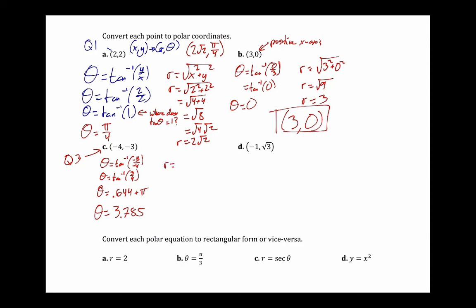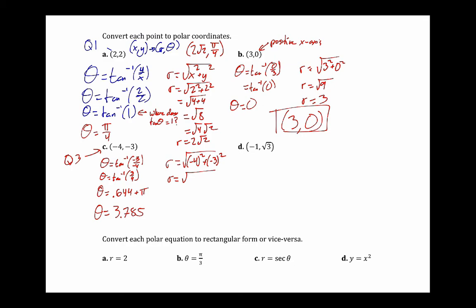Our r value, we got r equals the square root of 3 squared plus, I should do it in the same order that I've been teaching you guys. I'm sorry, let me rewrite that one. So we got r equals the square root of our x squared, negative 4 squared, plus our y squared, negative 3 squared.